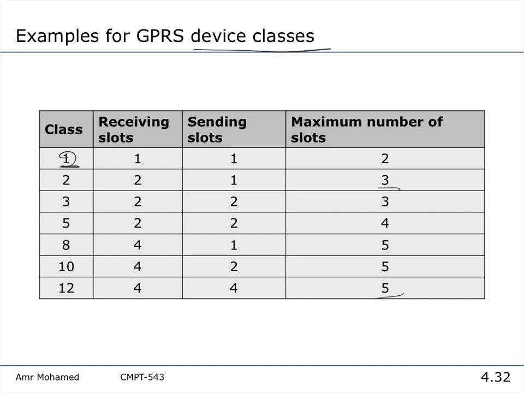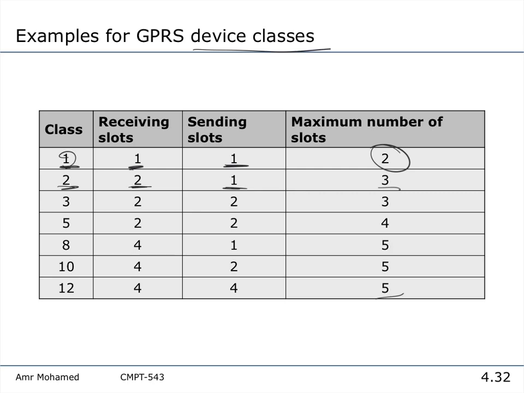So for example, class 1, which is typically similar to GSM, uses 1 sending slot and 1 receiving slot. In total, I can use 2 time slots for uplink and downlink. Okay? So I can use 1 uplink and 1 downlink time slot, that's it. But GPRS also came with hardware updates, so there are other classes. For class 2, for example, I can have 2 receiving slots and 1 sending slot. So the uplink is different from the downlink.